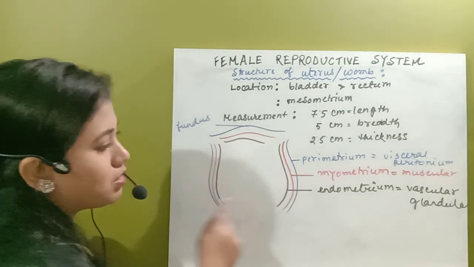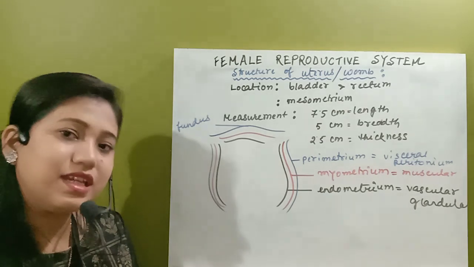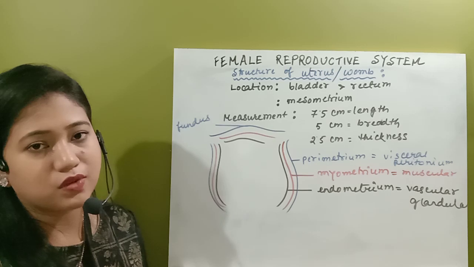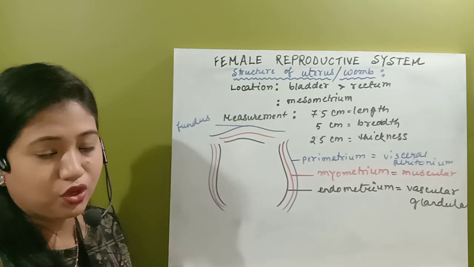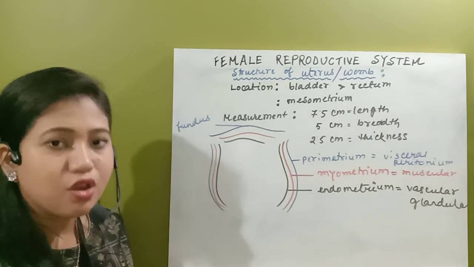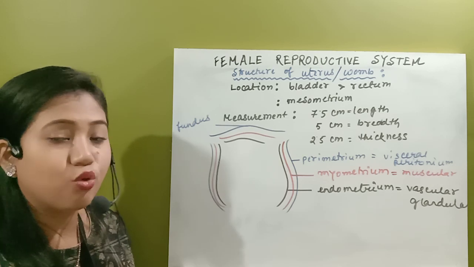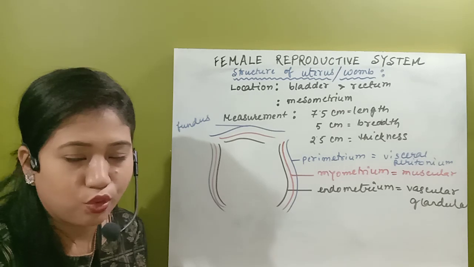This endometrium undergoes some cyclic changes in the menstrual cycle. We'll see that in the first part of the menstrual cycle it is going to form, and in the later phases it is going to be thickened. It becomes more and more vascular. Vascular means it is going to have more coiled blood vessels so that it can give proper nourishment to the growing baby.